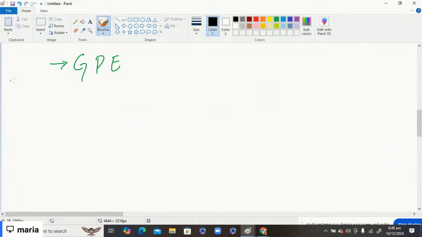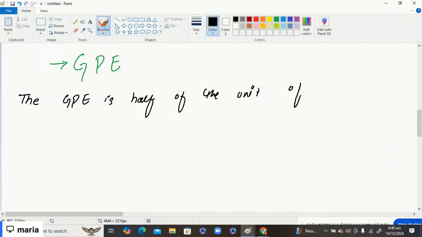The greatest possible error is half of the unit of measure being used.